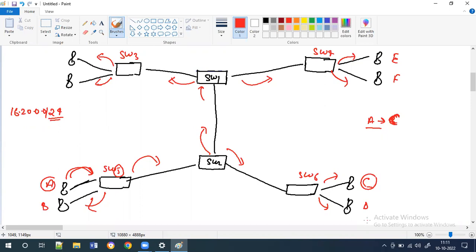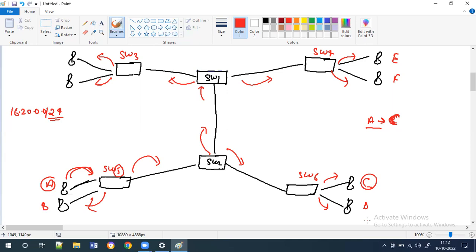This is for a single PC and multiple PCs. What if we have some application that needs to be broadcast? When you come into the office, first of all you need the IP address. For the IP address, the DORA process will run. In that, the first packet is a broadcast frame.